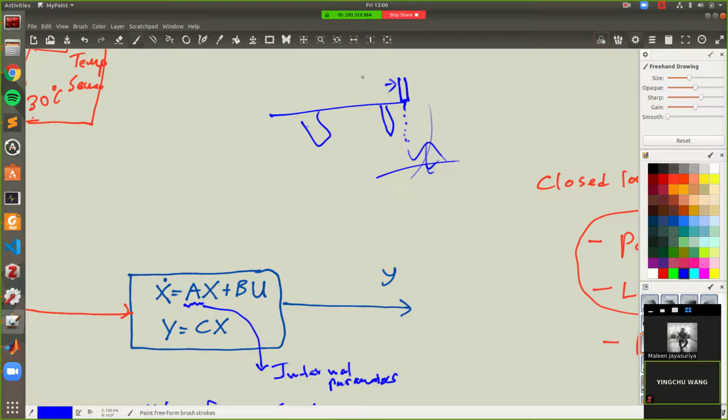But let's say I attached a spring to this glass, and now I apply a force, it will just oscillate. So basically the stability of the system really depends on how the system is set up. It's the A matrix that tells you all that information, what is contained internally in the system.